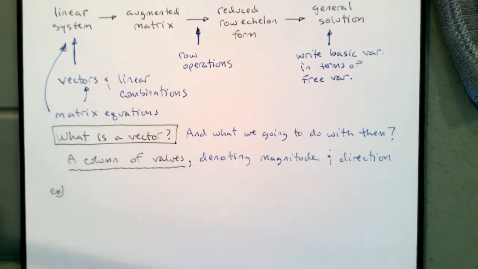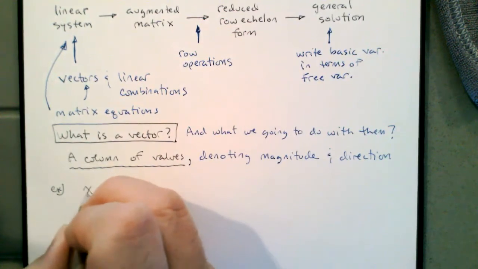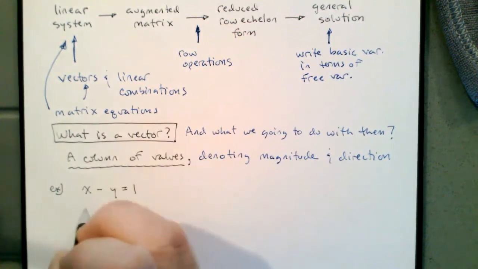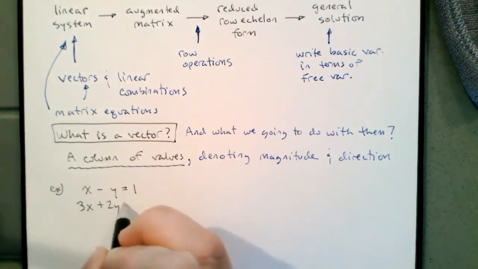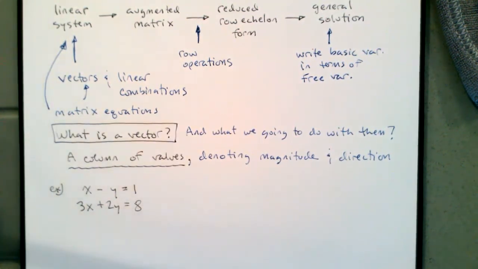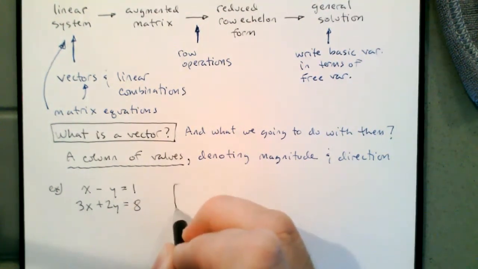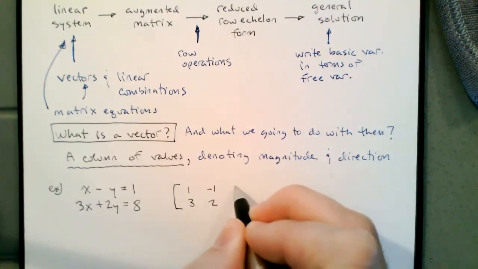And we're going to go right into an example that we had before. Recall that we had this system, x minus y equals 1, and 3x plus 2y is equal to 8. This linear system has an augmented matrix, 1, 3, negative 1, 2, 1, 8.